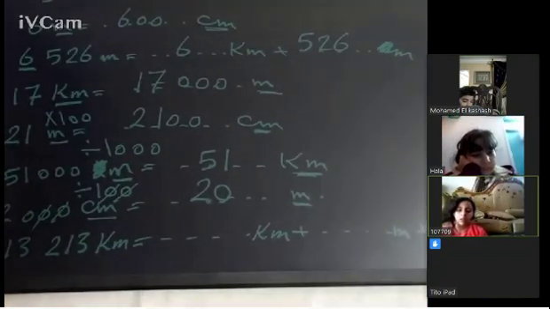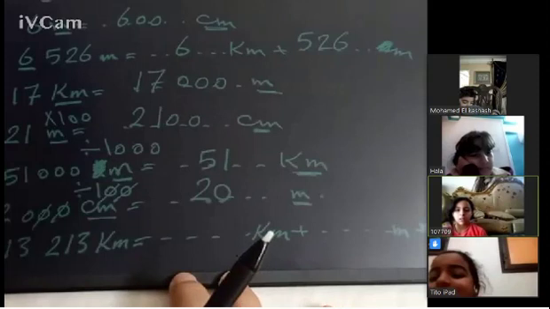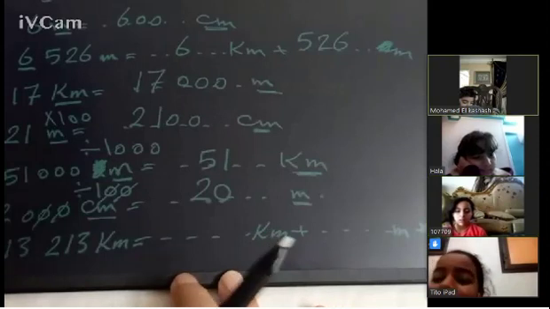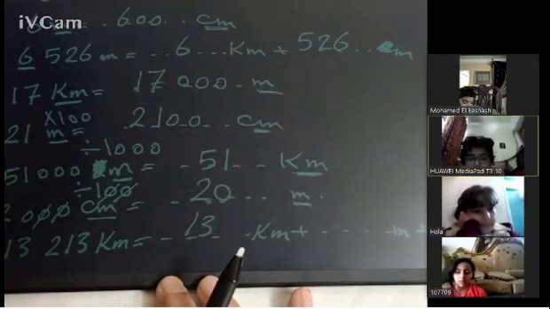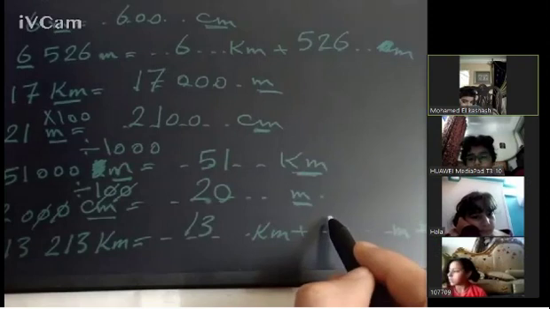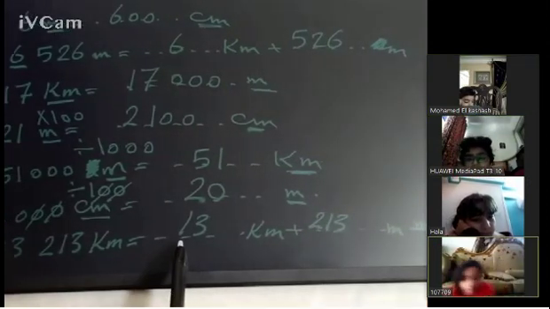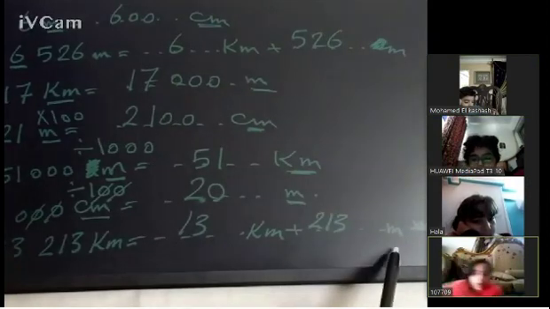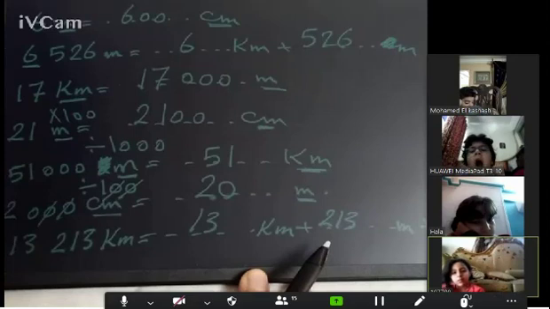How many kilometers, Esther? 13 kilometers, okay. And how many meters? 213 meters. It's 13 kilometers and 213 meters. Okay, guys, you understand? Yes. Okay, I will move to the next part.